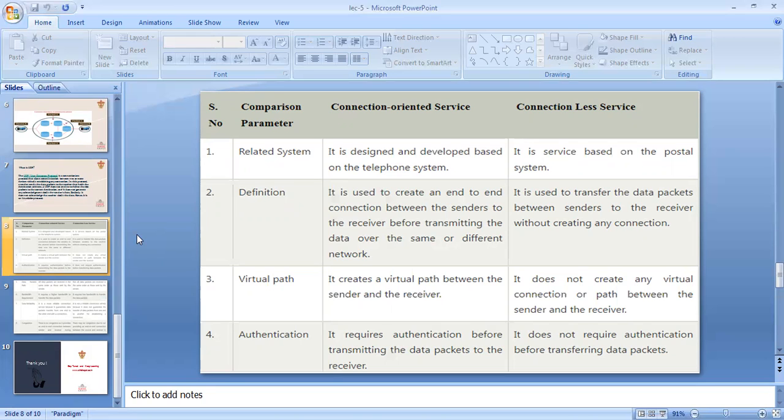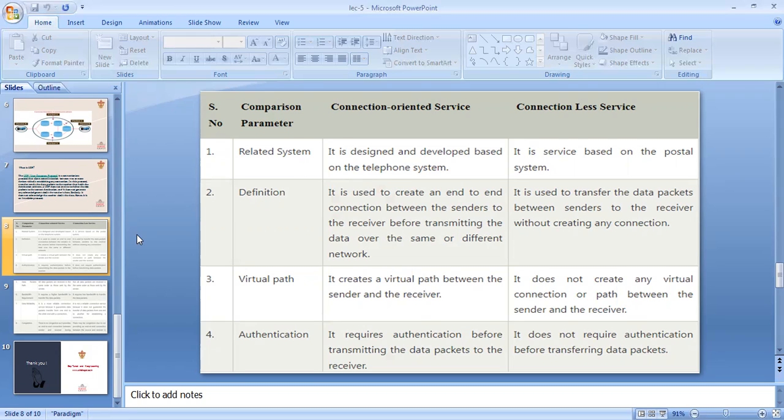Now, we can see the comparison between connection-oriented services and connectionless services. The first one is related system. The connection-oriented services are basically designed for the telephonic system, and the connectionless services are basically based on the postal system. In the telephonic system, the sender just calls the receiver and they establish a connection between sender and receiver.